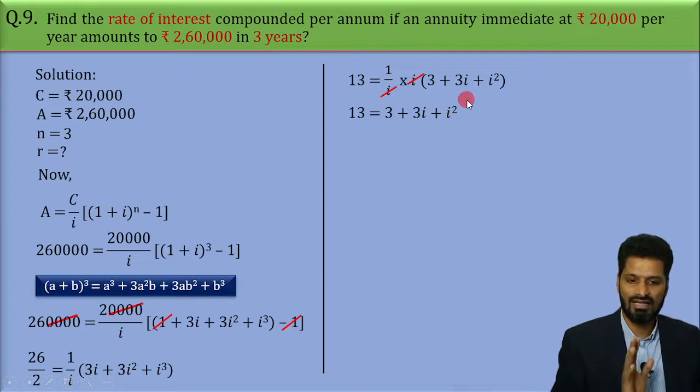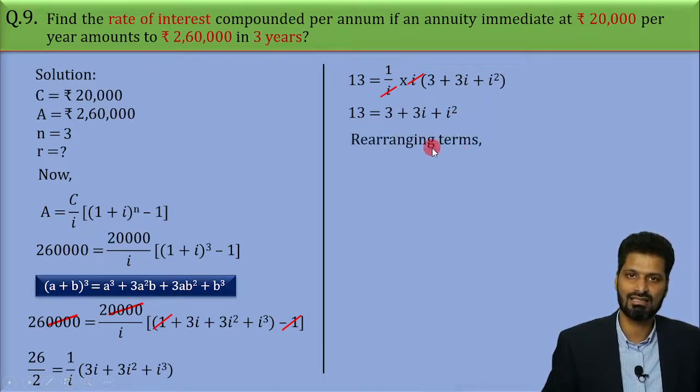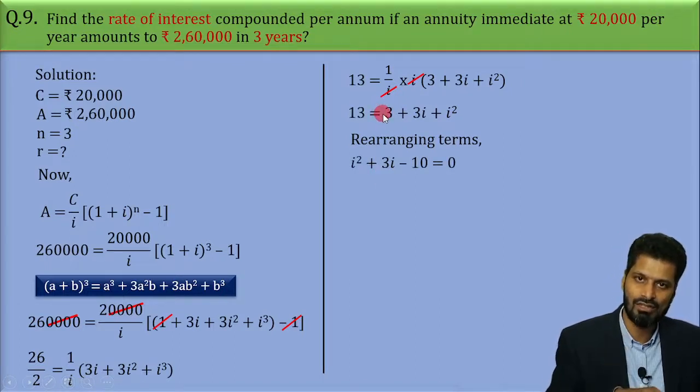Now what we have to do is rearrange this equation to form a quadratic equation, and then we have to find the value of I. So rearranging the terms in the given equation we get I square plus 3I, and this 13 will go there and become minus, so 3 minus 13 will give us minus 10 equals 0.